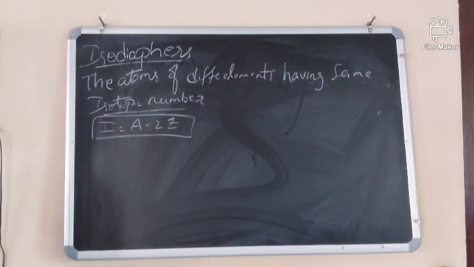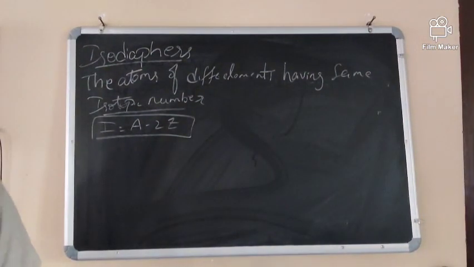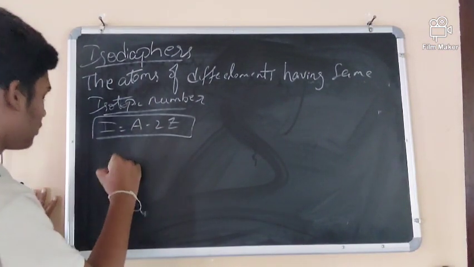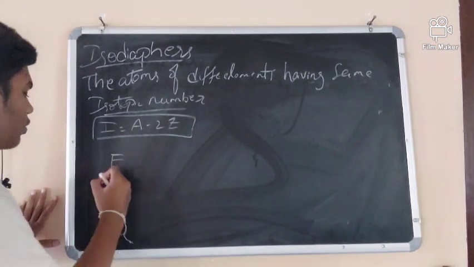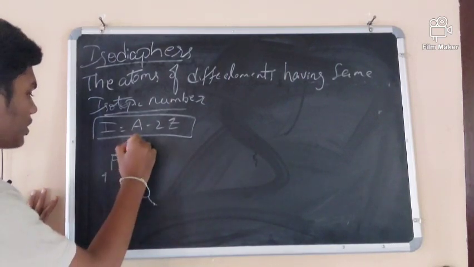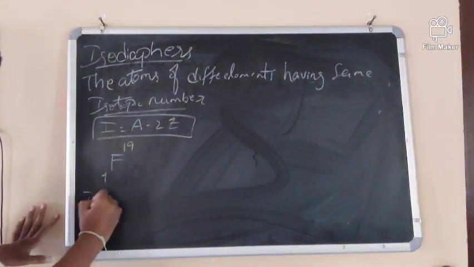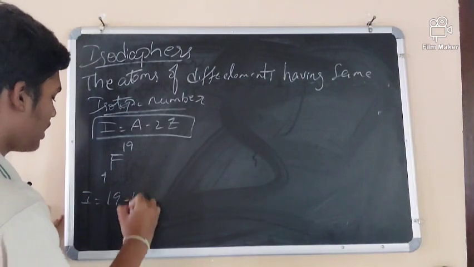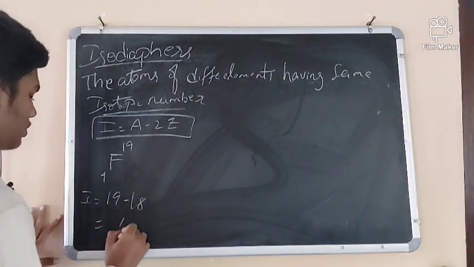Okay, now let us take two elements having the same isotopic number. When we take fluorine, atomic number is 9, atomic mass is 19. Isotopic number is 19 minus 2 into 9, 18, that is 1.